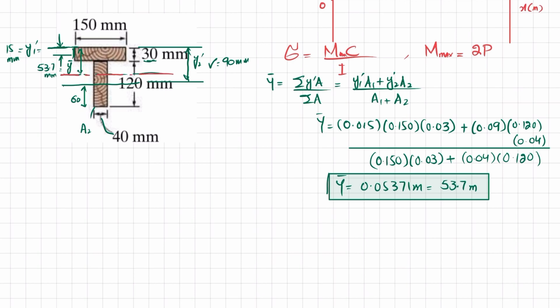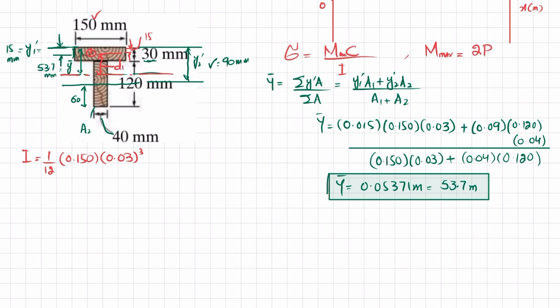Clear? So we will find this I, moment of inertia. The moment of inertia for this first part is equal to 1/12 into breadth, which is 150 millimeter, so 0.150 meter, into height, which is 30 millimeter, so 0.03 whole cube. Now this area has a center at a distance of 15 millimeter, away from this neutral axis.